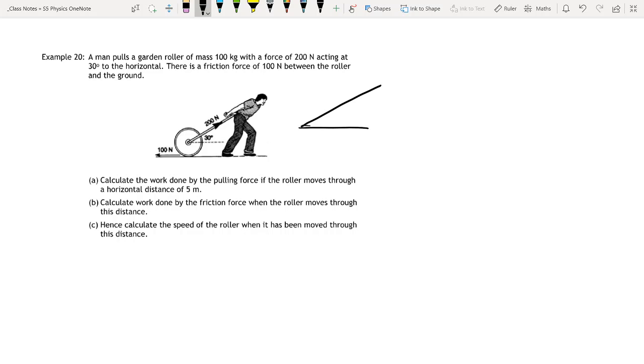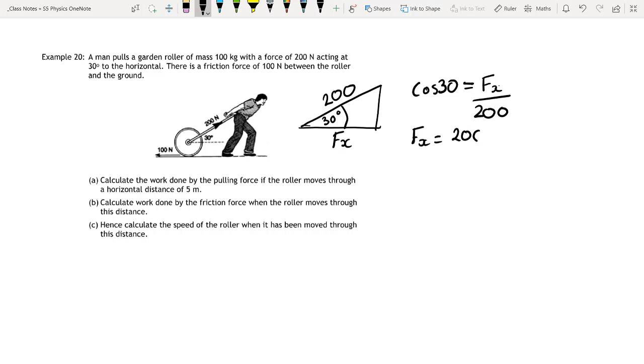So we've got our 200, we want to find this one, Fx, and it's 30 degrees. So cos 30 is adjacent over hypotenuse, so Fx over 200. So the horizontal component is going to be 200 cos 30.